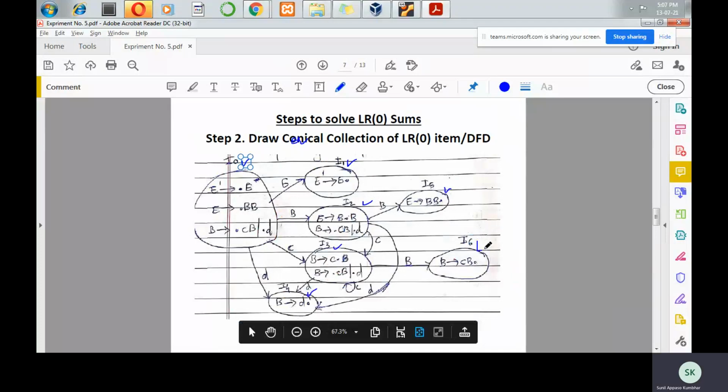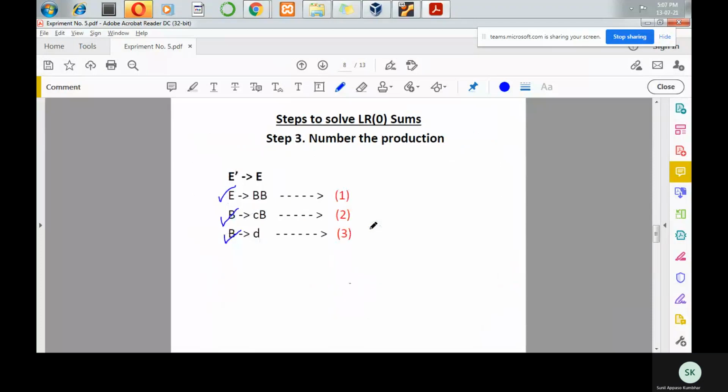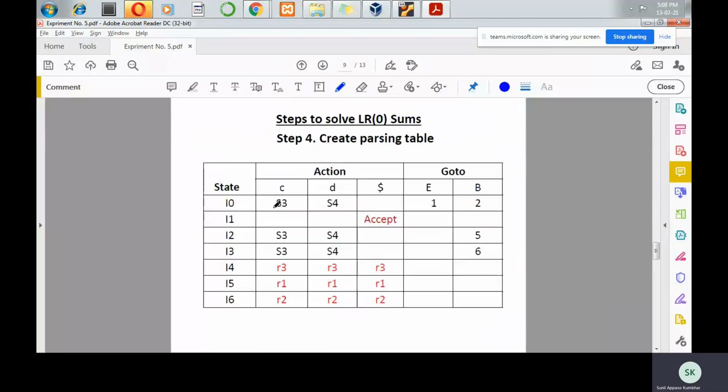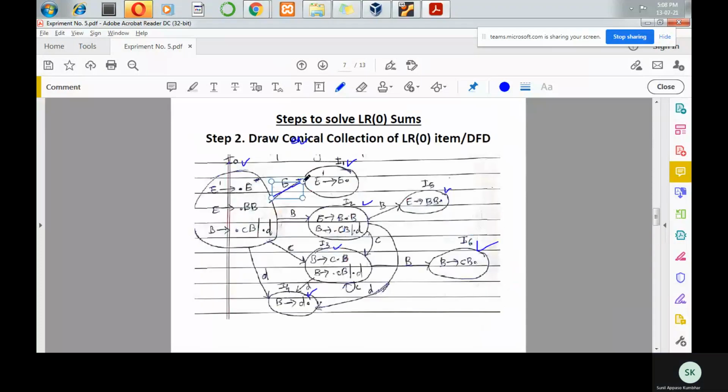So we are going to fill the entries of action and goto with state I0 and the input symbol C. So in the state, we are having 4 outward arrows. So 4 entries are filled in the parsing table. The very first entry is for C.